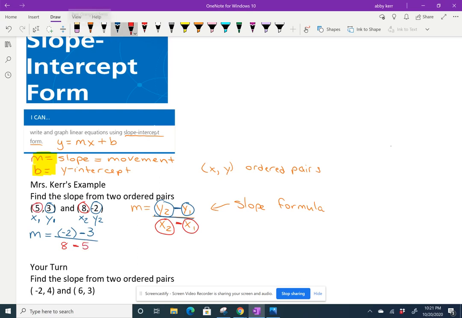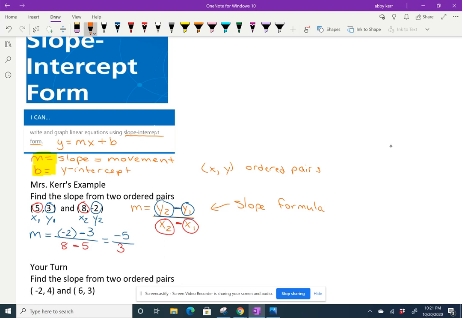And then it says x1, which is next, and that's my 5. So from there, you just simplify. You just put the top into the calculator. So the top says negative 2 minus 3, which in this case is minus 5, or negative 5. And then you put the bottom in the calculator as well. 8 minus 5 is 3.